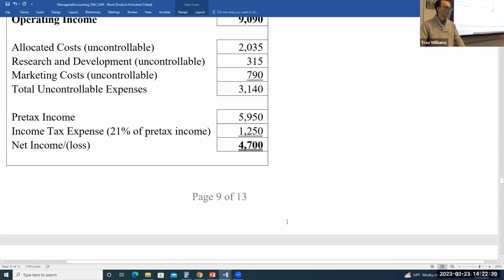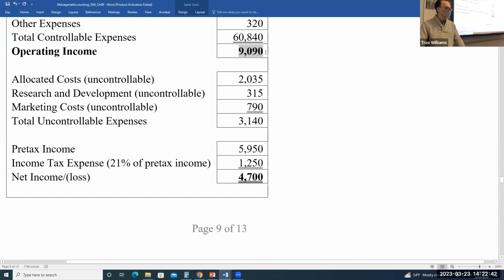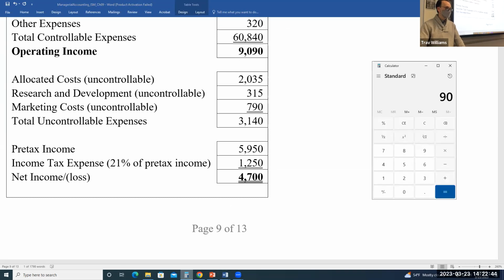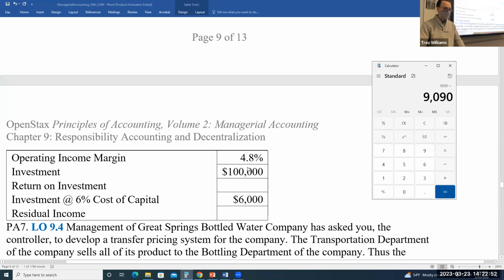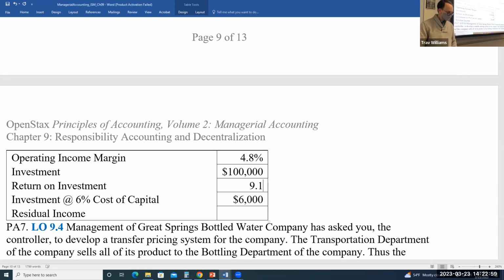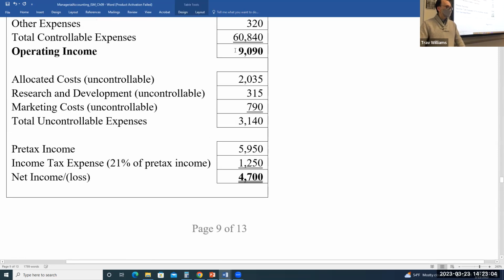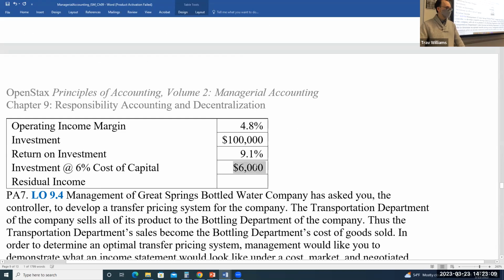For ROI, we're also going to base it on our operating income here. Divide it by our $100,000 investment. Call that 9.1%. And for residual income, we'll take 9,090 operating income minus the $6,000 cost of capital and get 3,090.